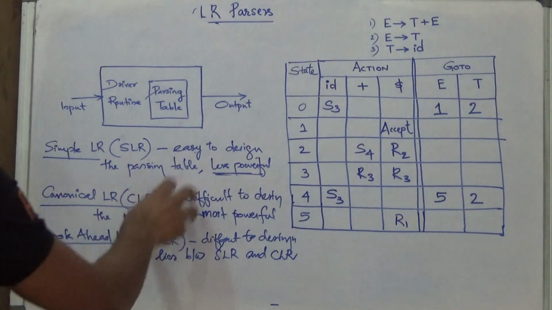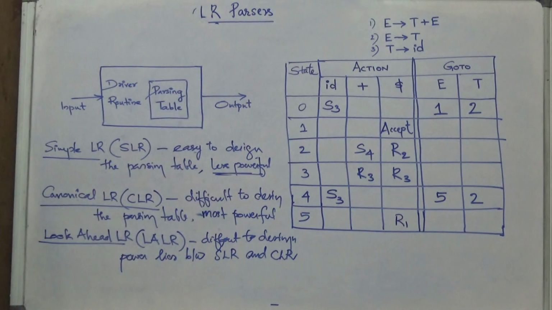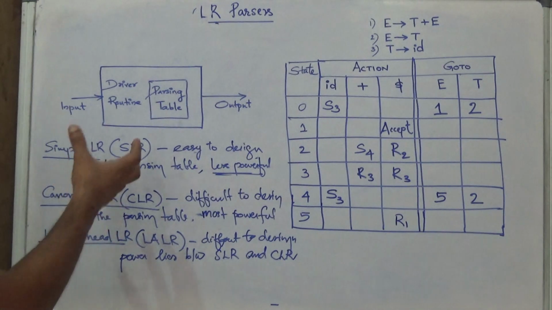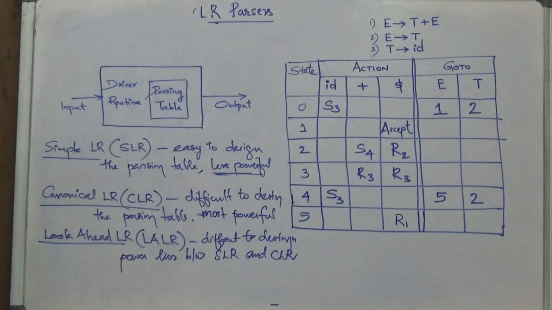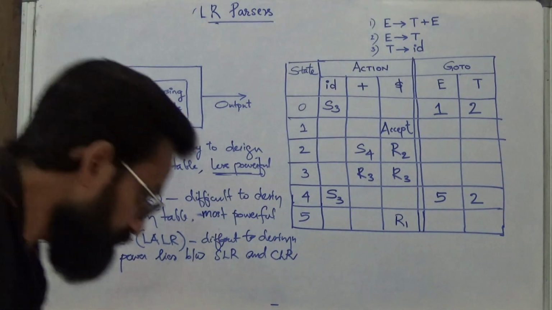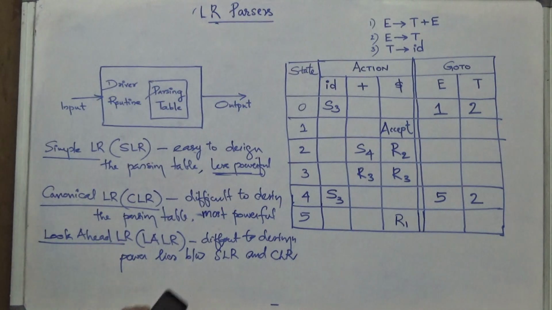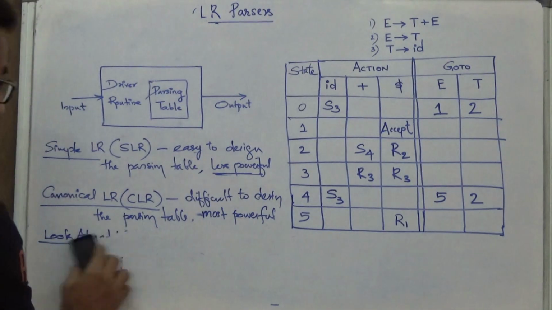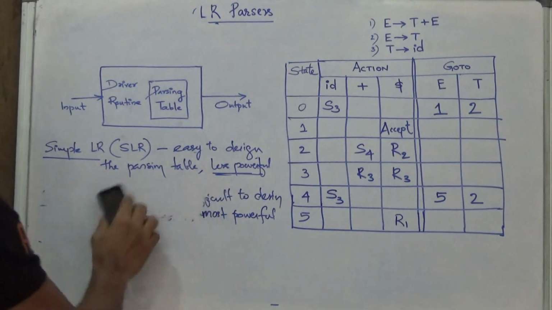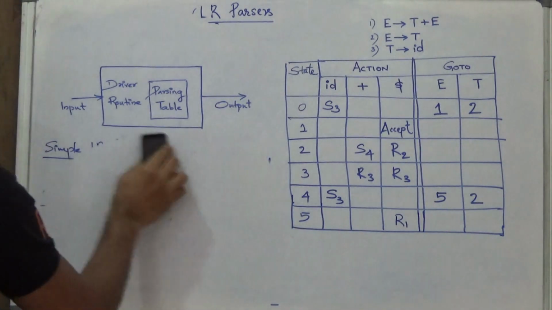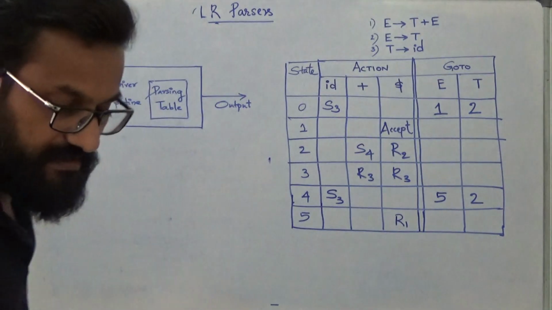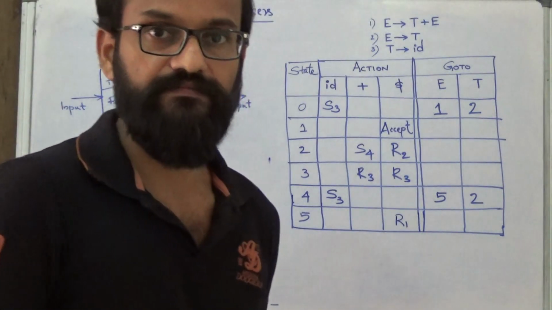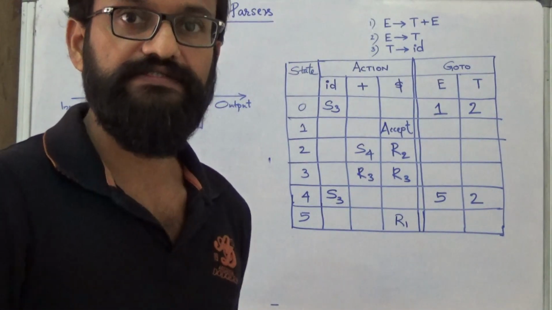So depending upon the parsing table, you can call parsers SLR parser, canonical LR parser (CLR), or LALR parser. Let me move on to a sample parsing table. For all LR parsers, the driver routine remains the same and the parsing table changes.